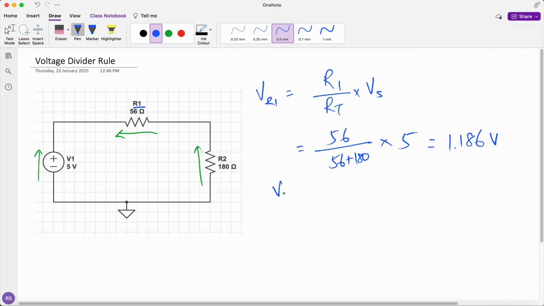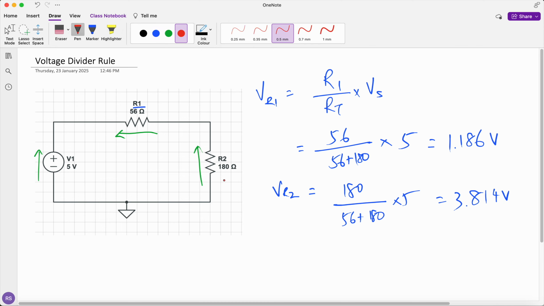Similarly for VR2, we can do the same thing: 180, because R2 is 180, over 56 plus 180, times 5, and that will give me 3.814 volts.